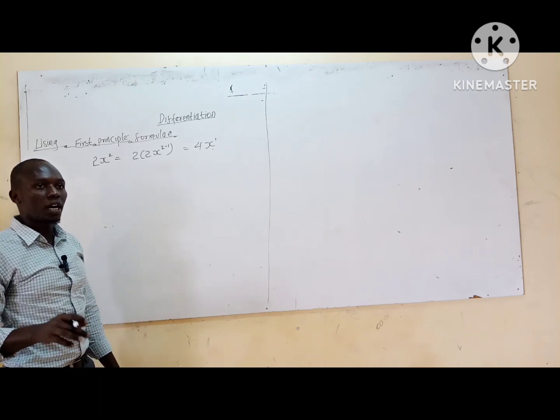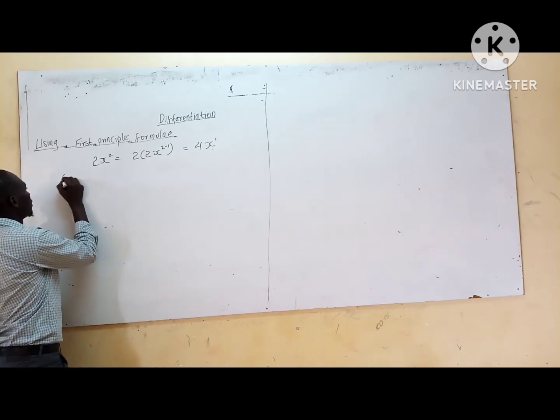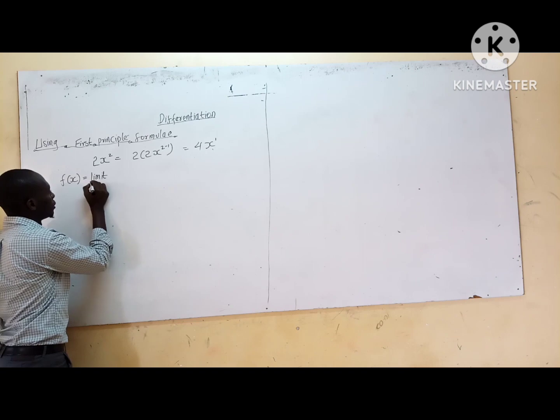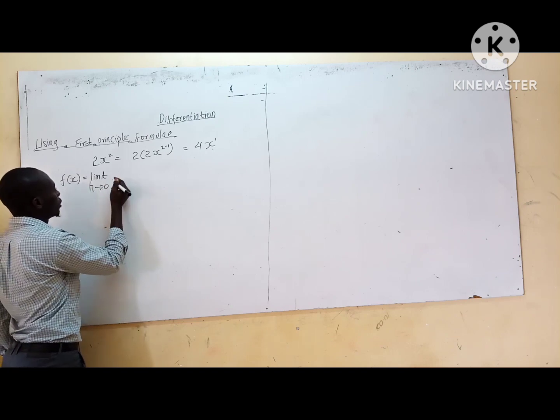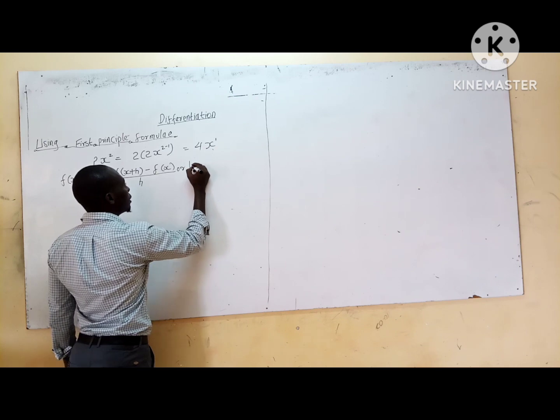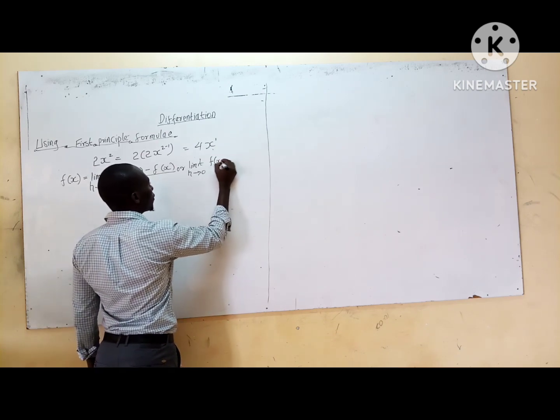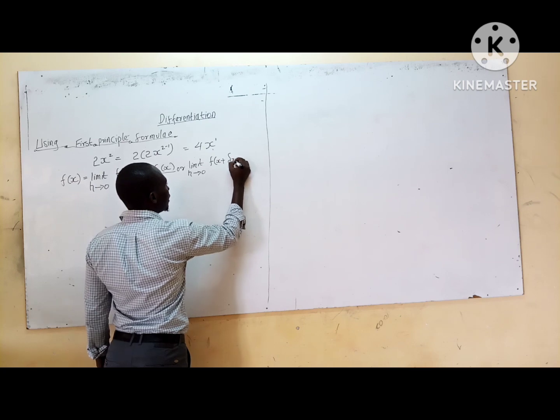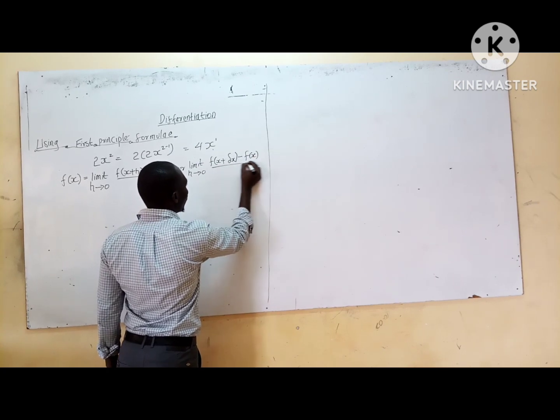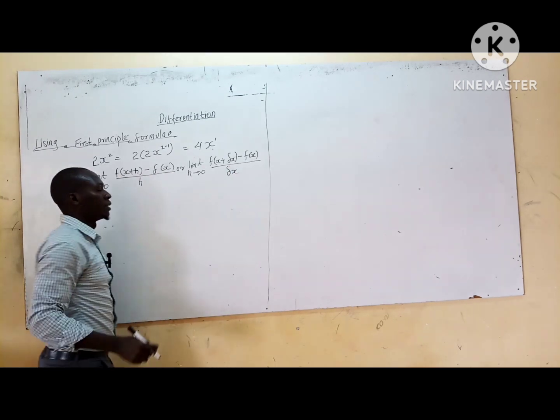By the first principle formula, we need to understand that for a given function, f'(x) is equal to the limit as h approaches 0, or in some books the formula is written as the limit as delta x approaches 0 of f(x plus delta x) minus f(x), all over delta x.